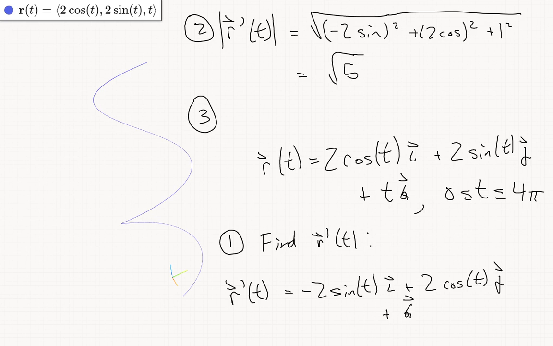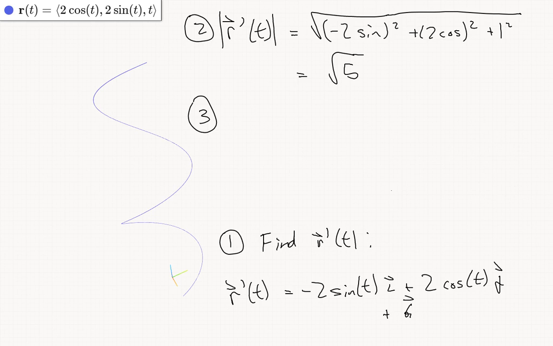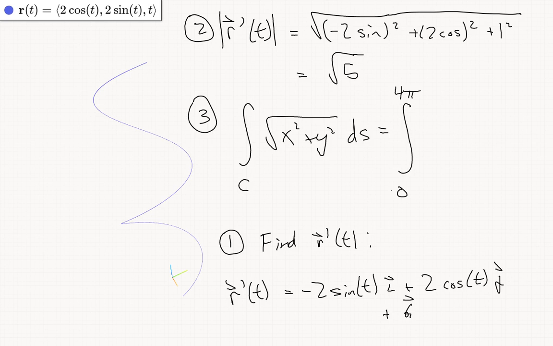So now we can integrate. So our function was, maybe I should have left that there. So integral c root x squared plus y squared ds. So this will be integral 0 to 4 pi.